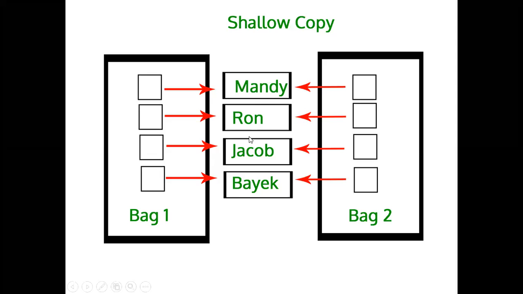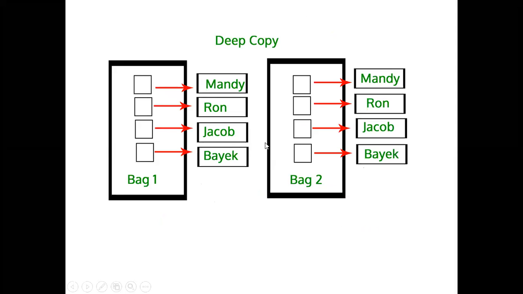So in shallow copy, if I would just say bag 1 equals bag 2, basically they are both pointing to the same set of objects, the same memory location. But if we go for deep copy, they both make their own copy of the object.